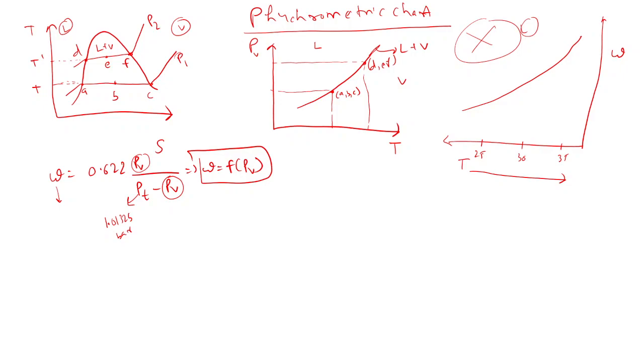Now this temperature is the dry bulb temperature, and this is omega. If you know PV you can find omega, right? Yes, sir. So now you know two things for air.